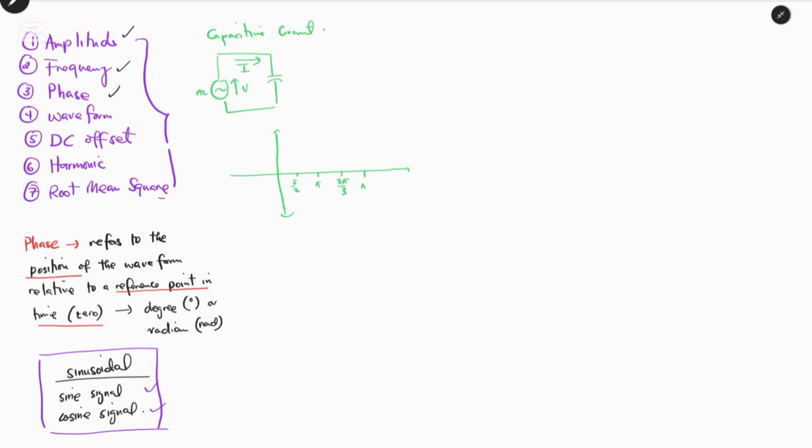We have the max value of the amplitude and the mean value of the amplitude. Now we can see that this is our Vt, and we know that Vt is equal to Vp sine 2 pi ft plus 0 degrees.